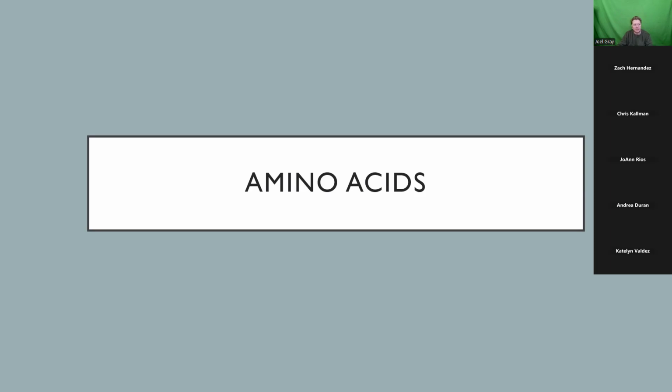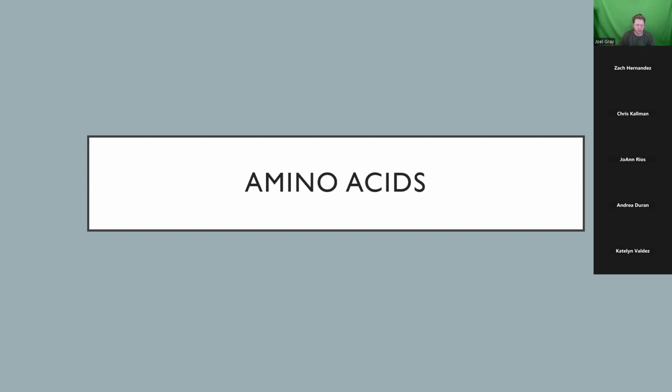Now, glutamic acid has the single letter code of E. Does anyone remember the single letter code for our other polar negative amino acid? There's a little bit of a trend with these two. Chris, you're absolutely right. D. So aspartic acid is D, glutamic acid is E.